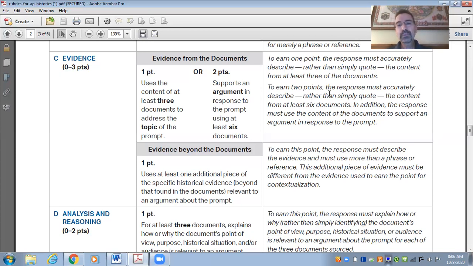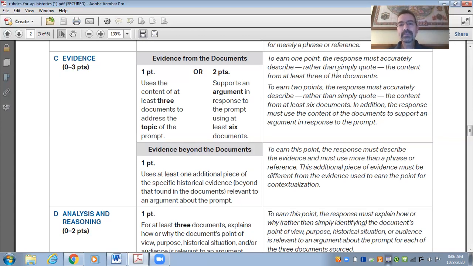And as you look through those documents, you're looking for, how does the content in these documents have anything to do with the prompt they gave me? It should be pretty clear. So as you look through there, you'll get some ideas of which documents you might be able to use for your argument.